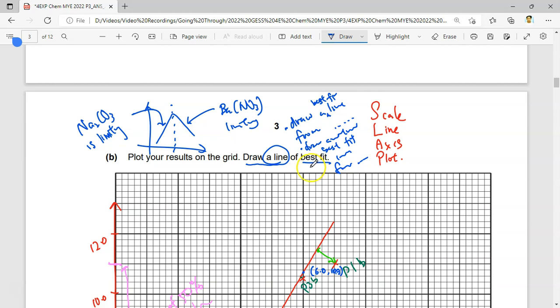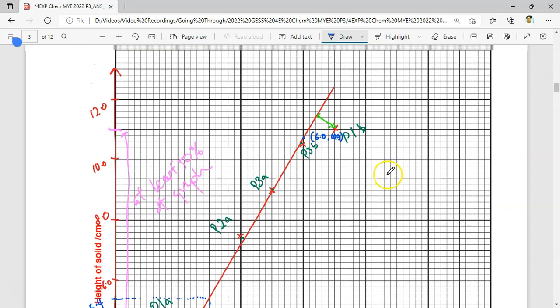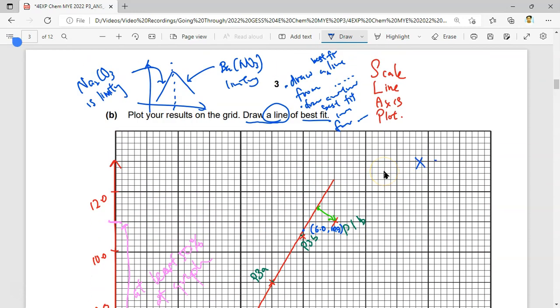Therefore it cannot be a curve as well. So realize by knowing the concept, the theory behind what you're doing, why you're doing certain things, it will eliminate that it cannot be a curve for this. And if you're thinking through, you also know because of the instructions that it cannot be a V shape. Or you want to think of carrot shape, whatever lah.